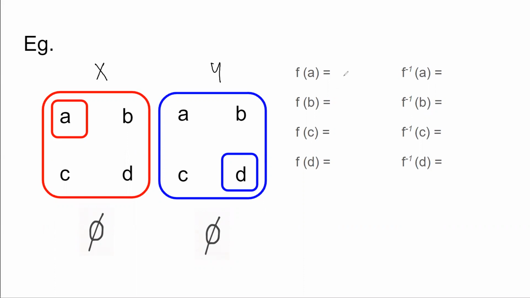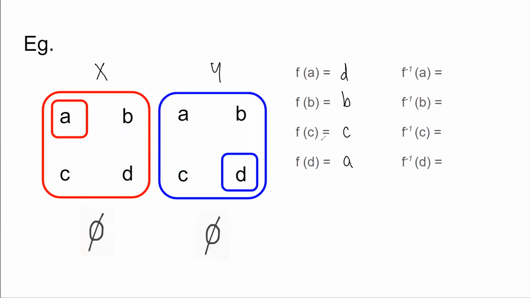So what will I want f of a to be? Well, a has an open set around it. So I think I'm going to send it to D in order to keep that open set. Okay, and what am I going to do with f of b? Well, I don't think it really matters, so let's just keep it the same. f of c, let's just keep it the same. And f of d, well, I can't send it to D because I've already sent a to D, so the only thing left is a.